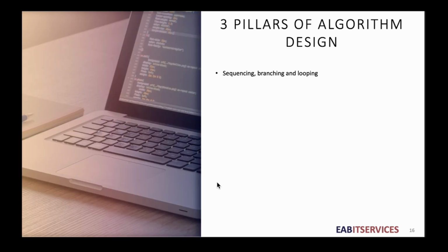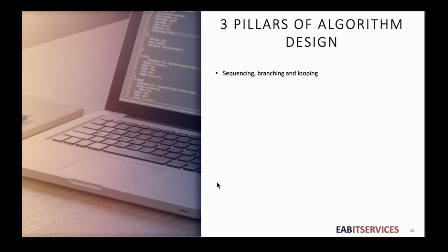From what we have discussed, you realize that in designing an algorithm, there are 3 main things that we've talked about. You are always going to sequence a set of instructions. You may make a decision and change the path or the direction of the flow to continue on a different path depending on the output of the condition.